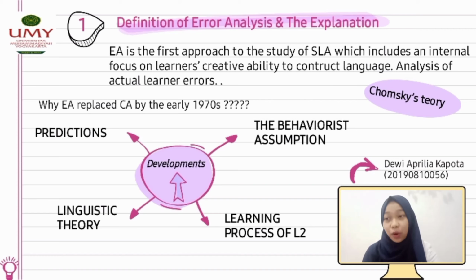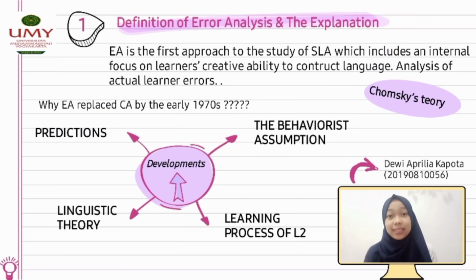So, these are the following developments of why error analysis replaced contrastive analysis by the early 1970s. If you remember, my friends have discussed contrastive analysis, and these are the following developments.